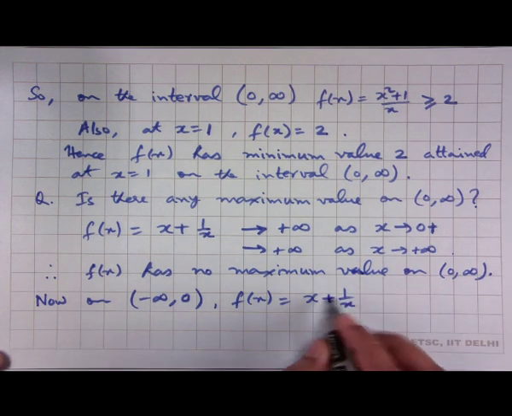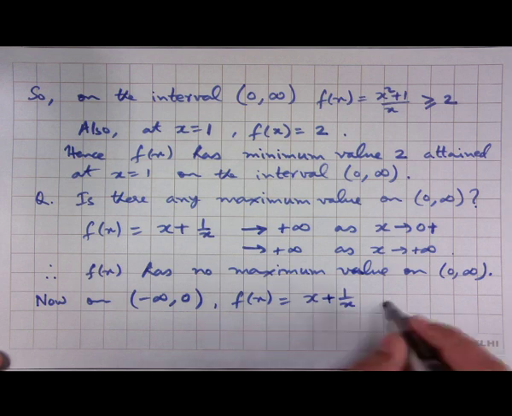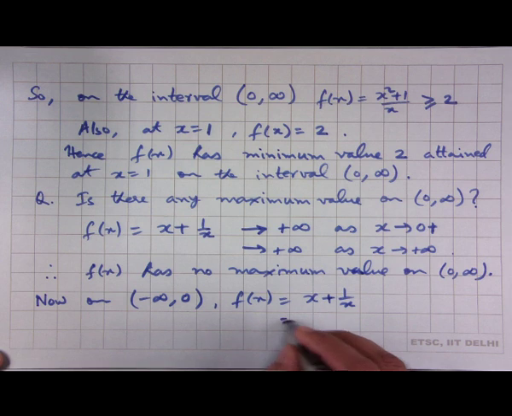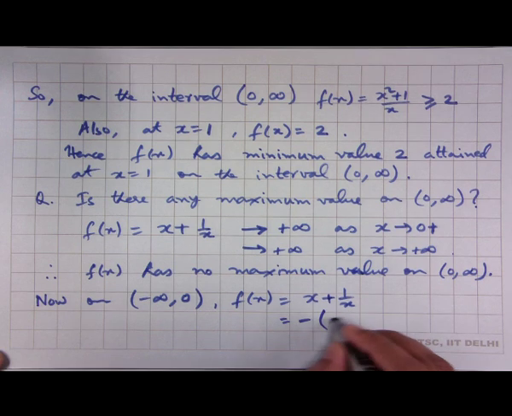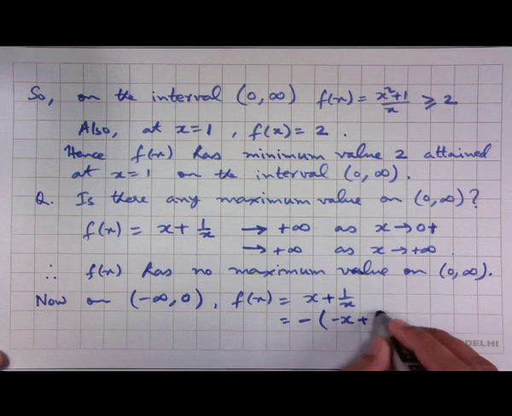If we replace x by negative x, then x and 1 by x are negative, so this is the same thing as negative of minus x plus 1 by minus x.